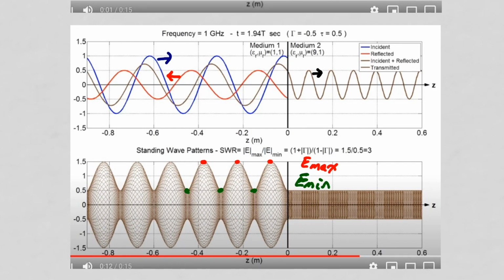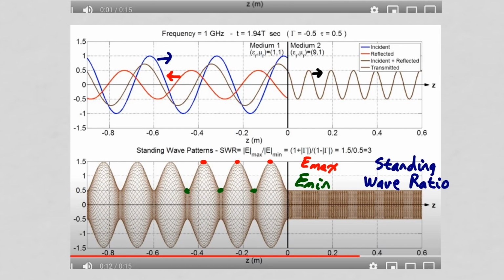So for this example, Emax is 1.5 and Emin is 0.5. The standing wave ratio, or SWR, is defined as this max over this min. So for this example, the standing wave ratio is 3.